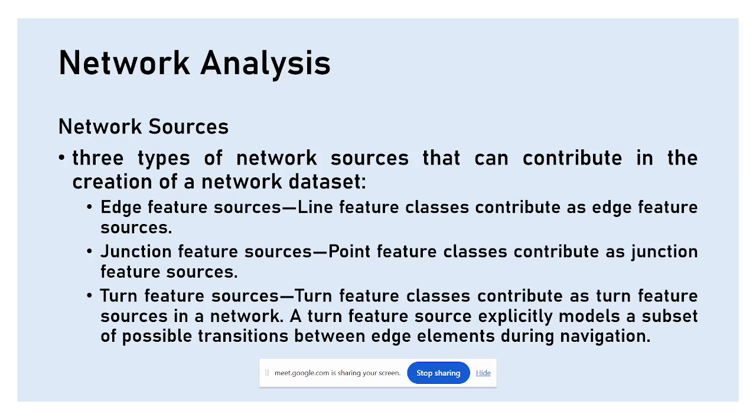So it's basically, you talk about elements and then sources, so it's more or less the same thing. Edge is a line feature, junction is a point feature, turn feature is an optional one, which tells you the restrictions that might be present when you use the edge or the junction feature source.